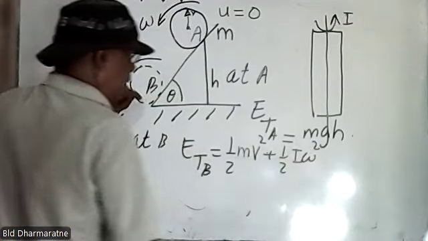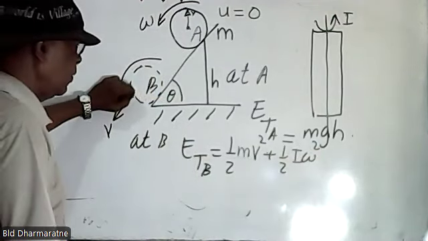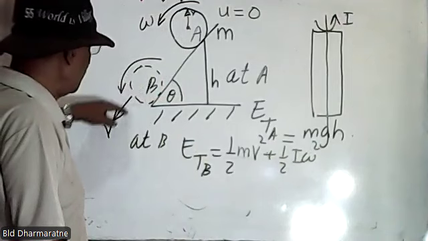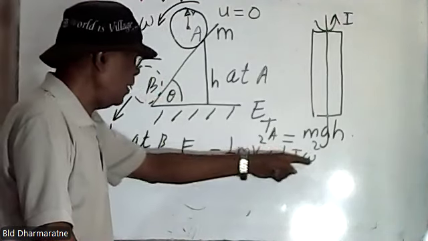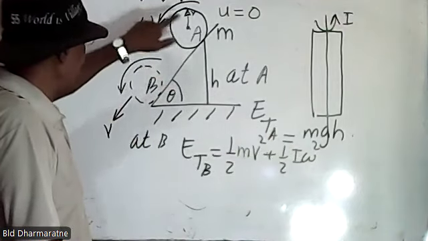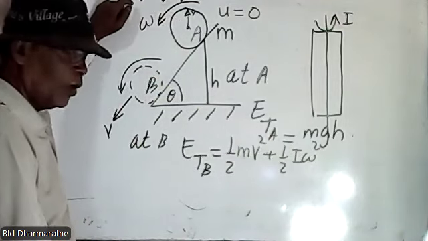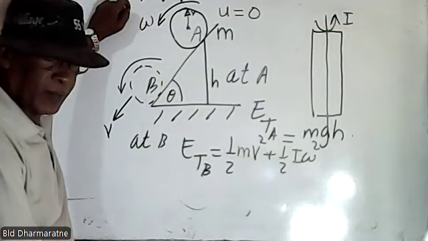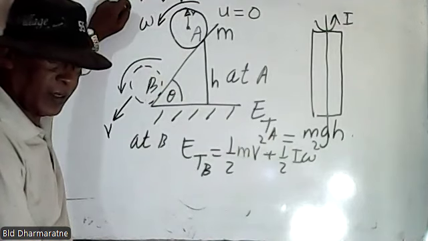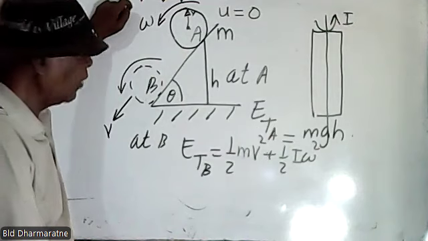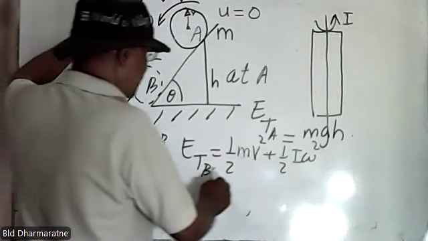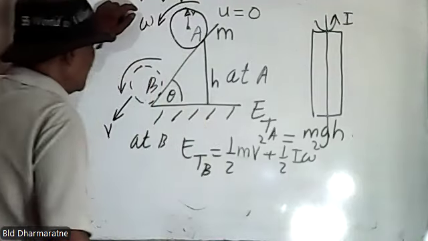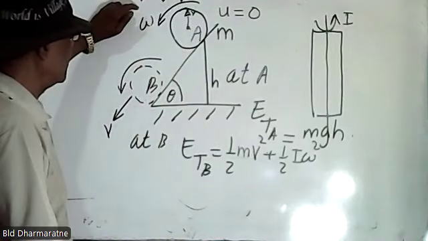We discussed this earlier: V is the velocity at the end point, and omega is the angular velocity of the rolling cylinder. Then the energy at A equals this one.